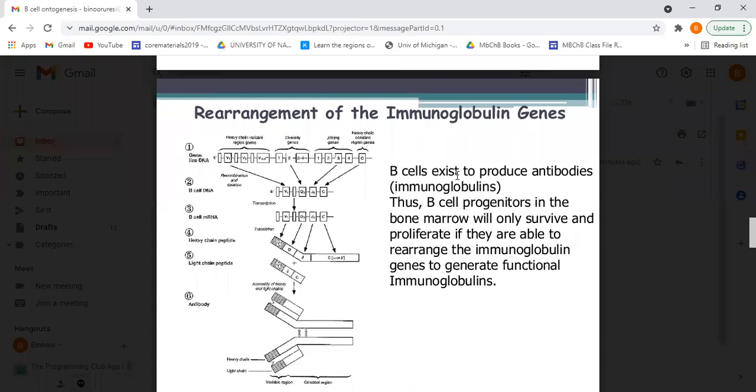So in a nutshell, we can talk about the production or the generation of the B cell receptor on the surface of a B cell that never existed before.